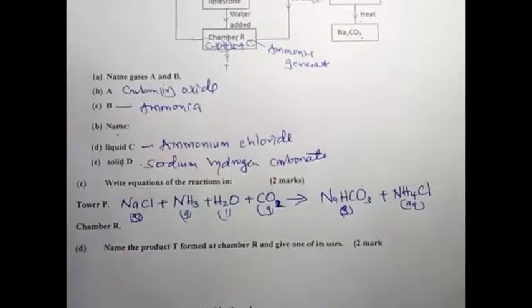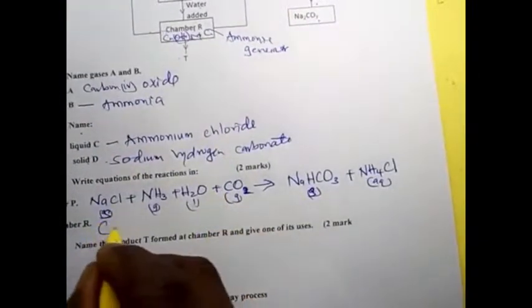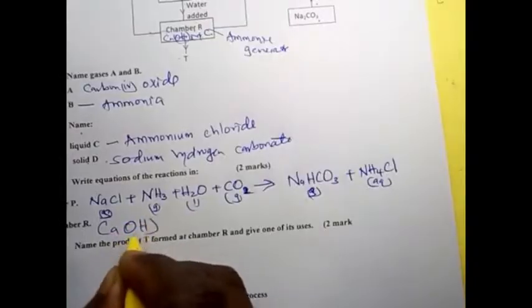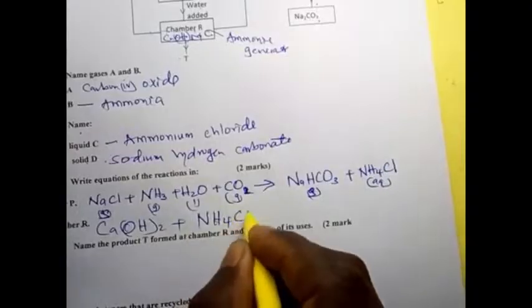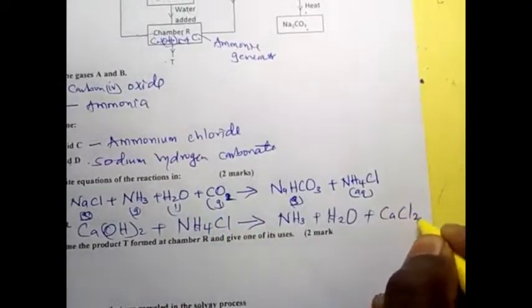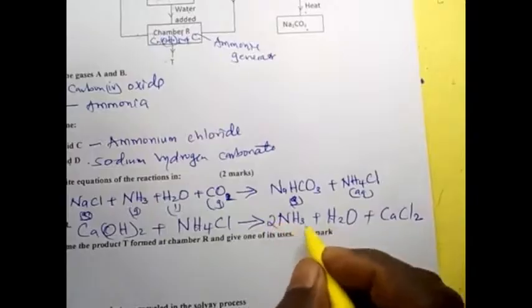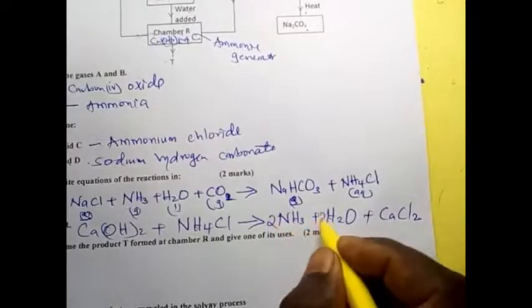In chamber R, we know there we have calcium hydroxide plus ammonium chloride, and the byproduct. And that is all. Name the product.